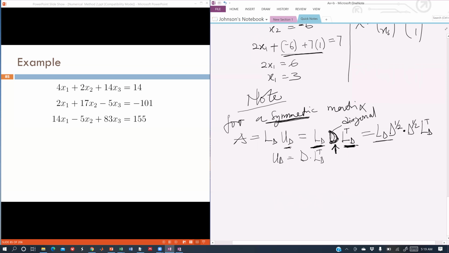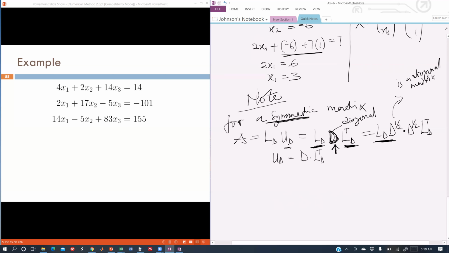So this new D is also a diagonal matrix, but this time its entries are the positive square roots of the original D. So D exponent half is a diagonal matrix whose entries are just the square roots of the diagonal entries of the upper triangular matrix of the Doolittle.